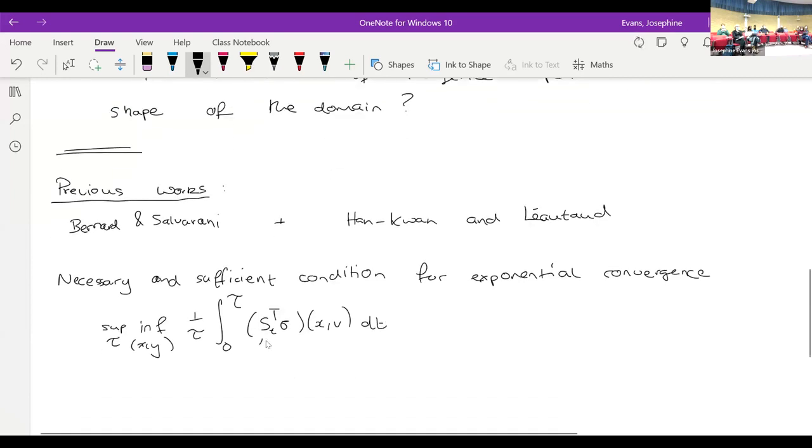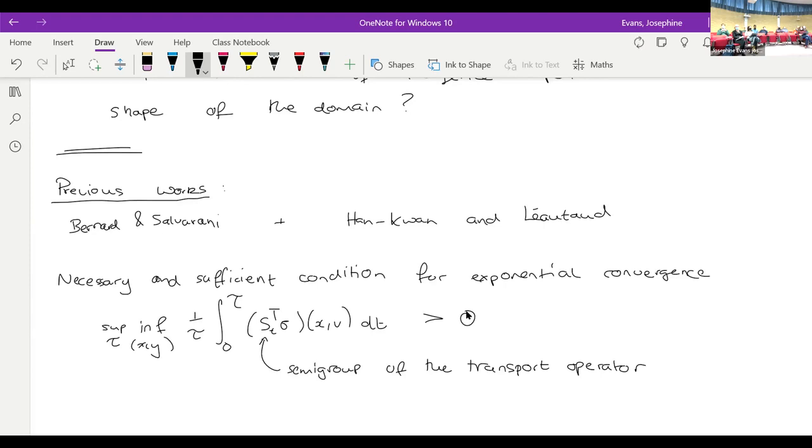This is the semigroup of the transport. It needs to be strictly greater than 0. So that's basically saying if you integrate your jump rate along the flow of the transport operator, then you're going to have a positive amount.